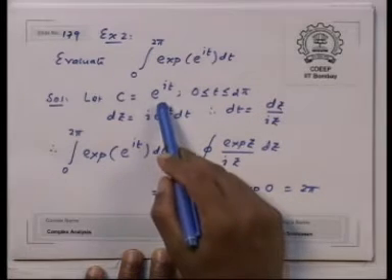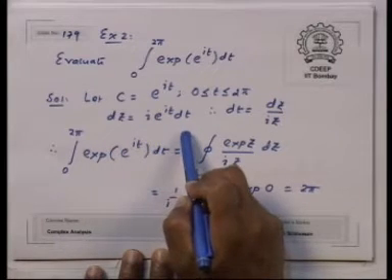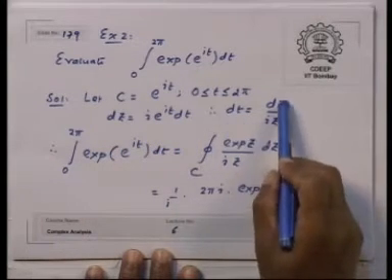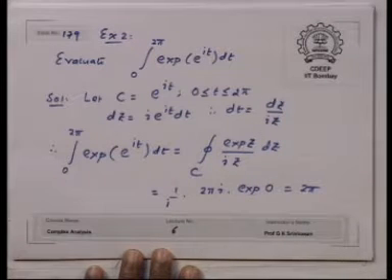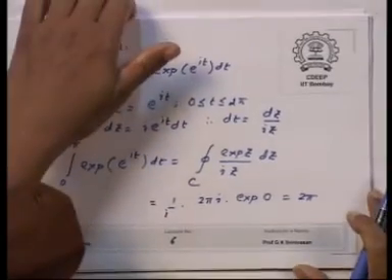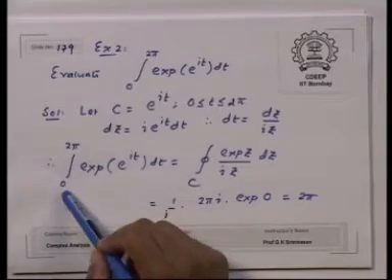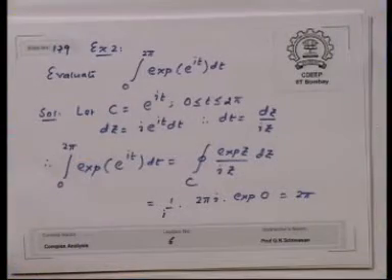When you take a circle traced counterclockwise, what is dz? dz is i e to the power it dt, or dt is dz upon iz. So we are going in the opposite direction. In the first example, the circle was given to you and we wrote dz in terms of dt, but now we are writing dt in terms of dz. So let us write the integral from 0 to 2 pi of e to the power e^(it) dt as the integral over c of e^z dz upon iz.